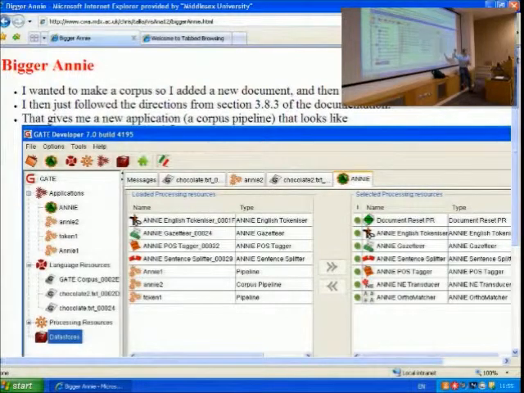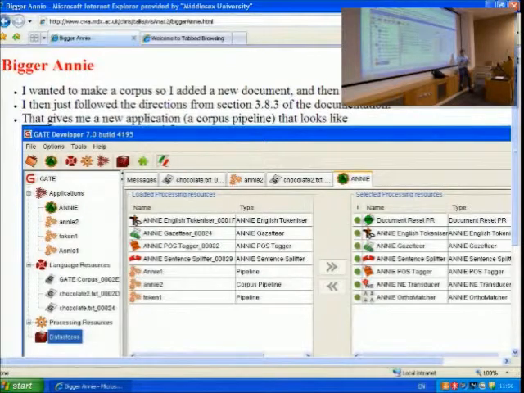So when I got ANNIE, when I said load ANNIE in section 3.8.3, you get this pipeline, so it comes this way. But of course, if you want to do parsing, the next thing I tried to do but failed at, you need part of speech tagging first. But I don't actually think you need part of speech tagging before you do named entity recognition, because you don't use those tokens.